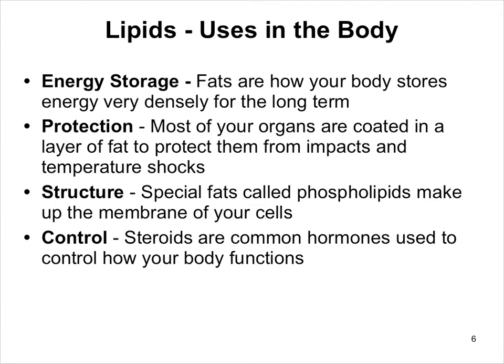They play a role there. They're essential to have. You die without enough cholesterol. But you also take cholesterol and you make hormones out of it. So steroids are one class of common hormones. And hormones are things that your body uses to control and coordinate its actions.